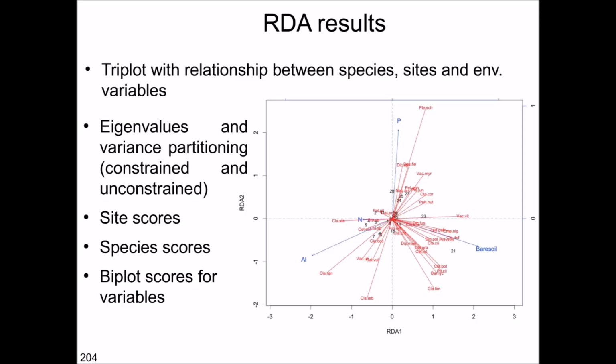So you obtain the constrained variance, the variance that is explained by the environmental variables, and the unconstrained variance, so the residuals that are left after fitting the environmental variables. You obtain site scores and species scores and the biplot scores for variables. But those are rather technical details that we will have a look at in the context of the R demonstration.